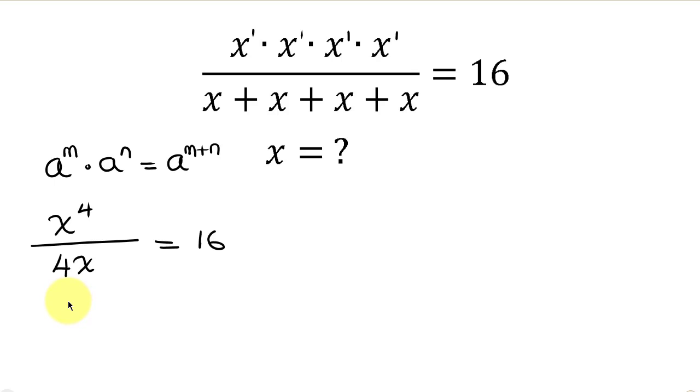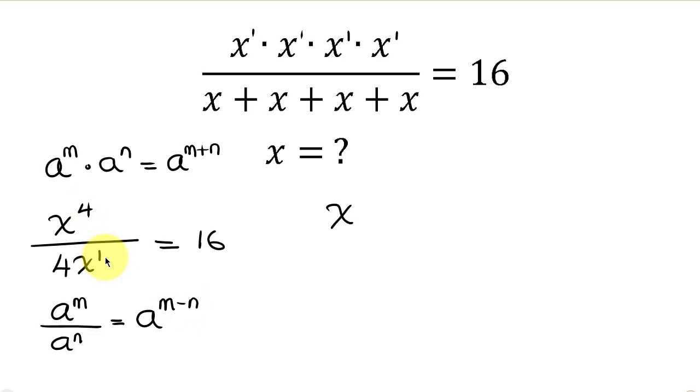Very good. Now notice that the x on the denominator is also carrying a power of 1. And according to indices, when I have a to the m divided by a to the n, this is the same as a to the m minus n. So we're going to be applying this to the x's here. So I'll take x, then I'll subtract the powers.